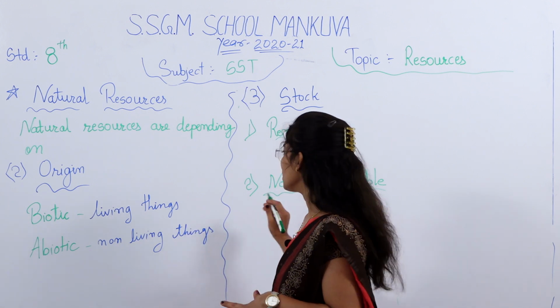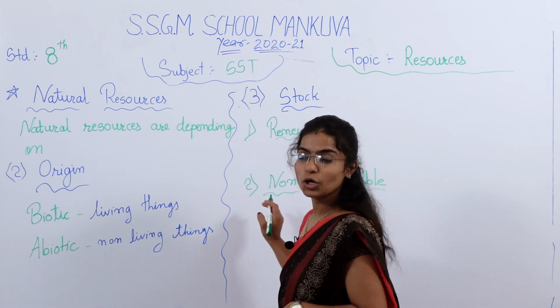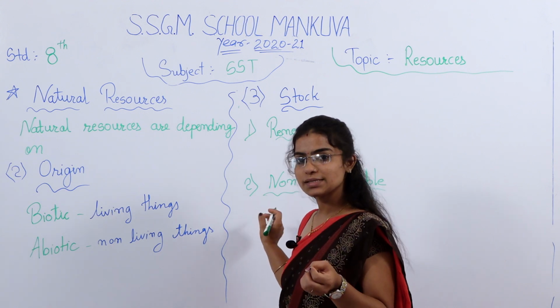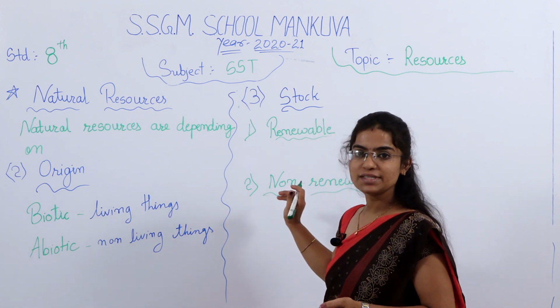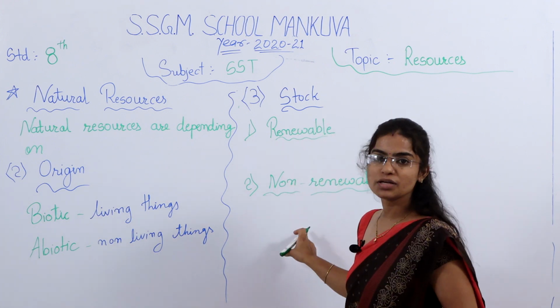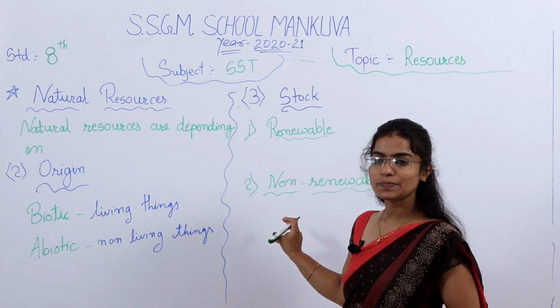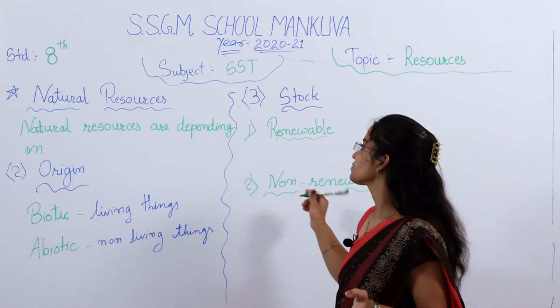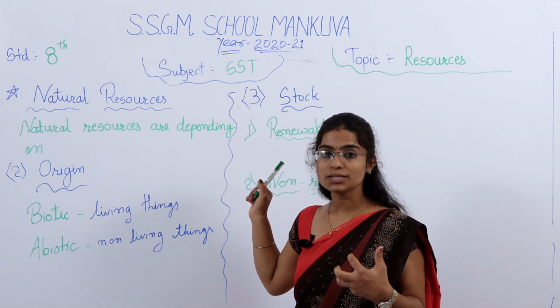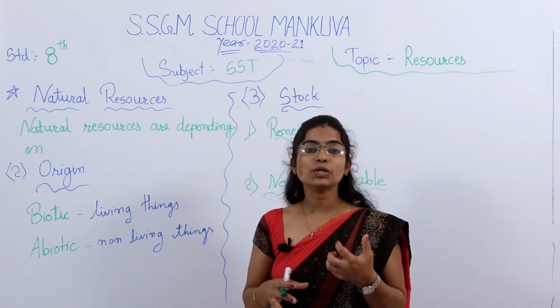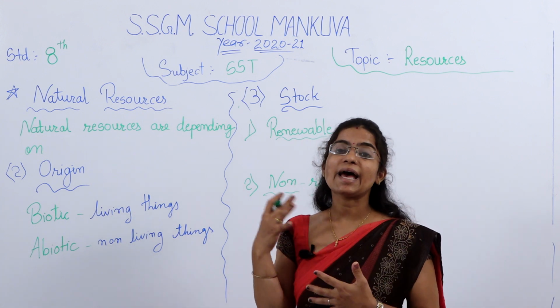So it is called non-renewable resources. Okay, so understand the difference between renewable and non-renewable resources. I repeat, renewable resources means the resources which can be used again and again.